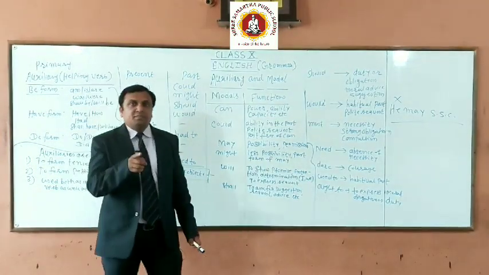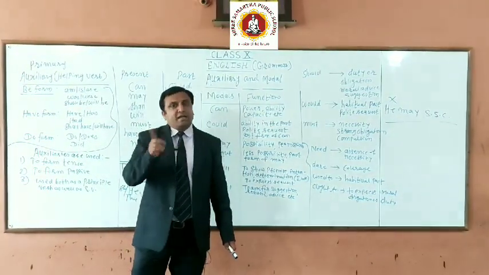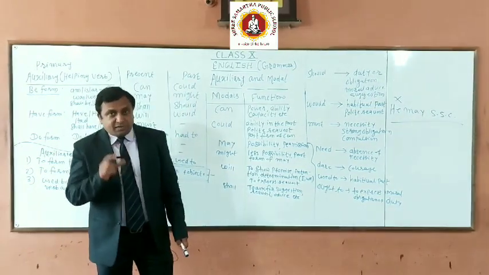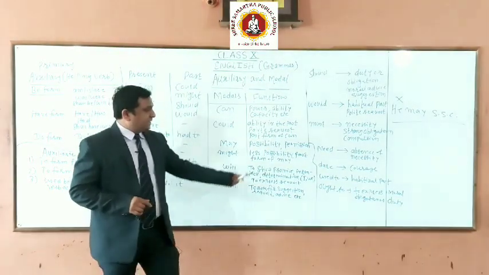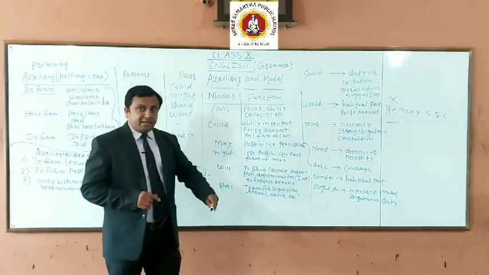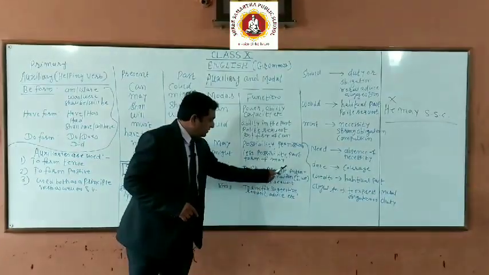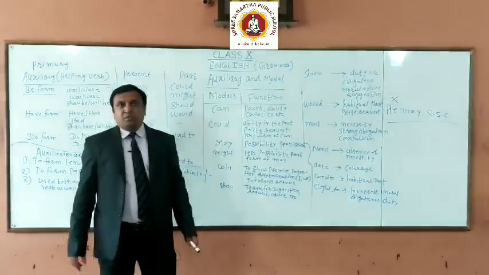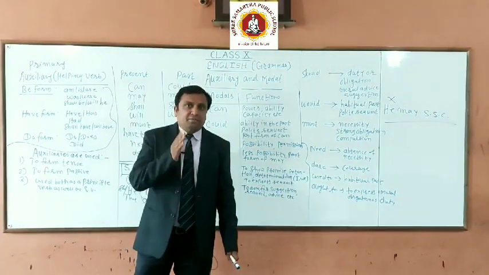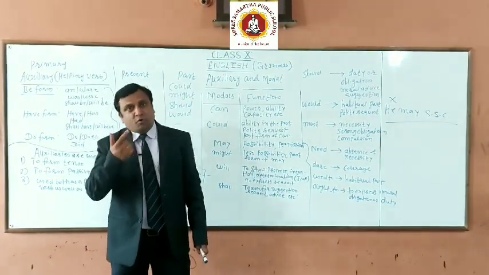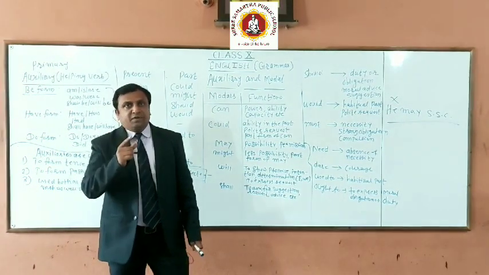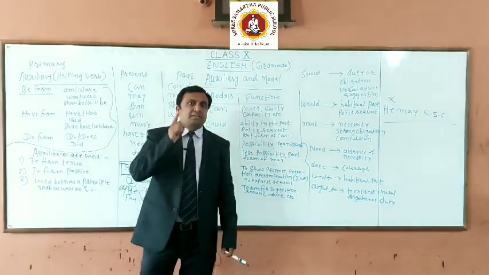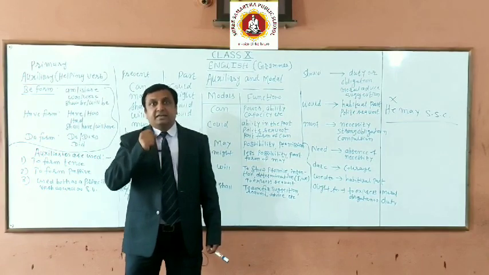Actually we use shall with I and we, but when we use will with I and we, at that time it expresses promise, intention, determination. For example, I will help you, it's my promise. I will complete my tasks today, it's my determination.